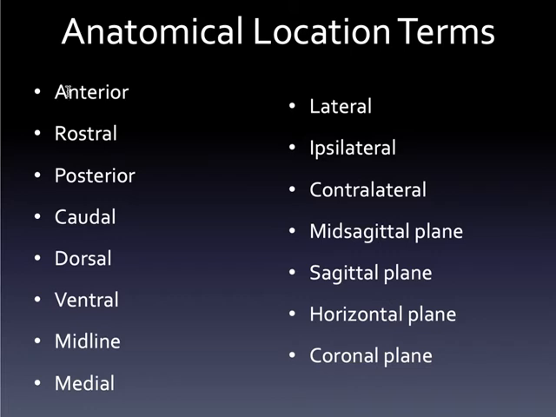Well, we have anterior, which means towards the front, and that is often referred to also as rostral, which means towards the beak or towards the nose. So in a human, those are the same, and in a quadruped, those are the same.